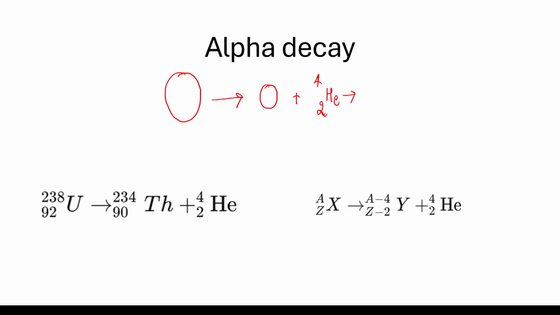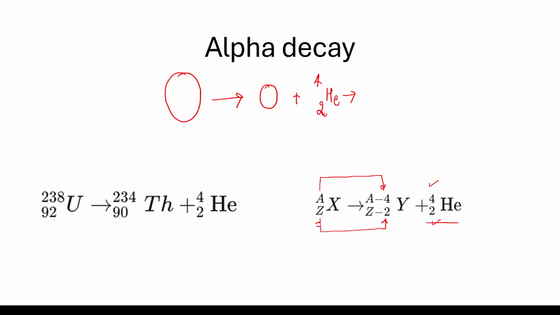Alright, so let's just see here. As you can see, I've used the symbol equation first. If you see the symbol, the Z shows atomic number. So after emitting an alpha nucleus, the atomic number decreases by 2 and the mass number decreases by 4, because the alpha nucleus would have a mass of 4 and charge of 2.